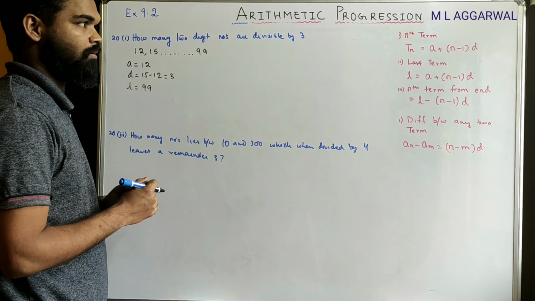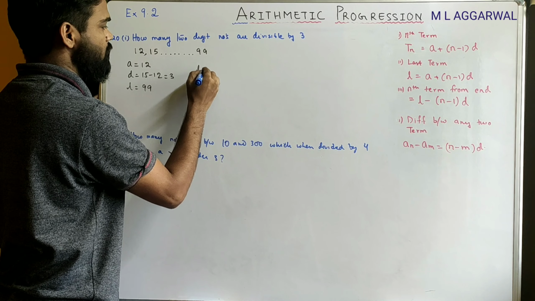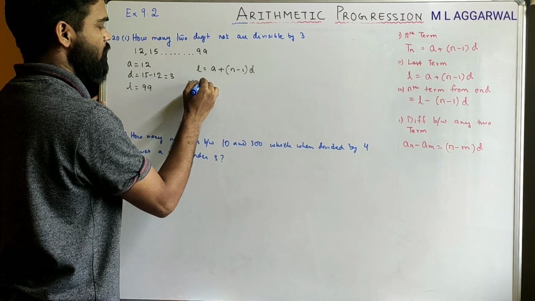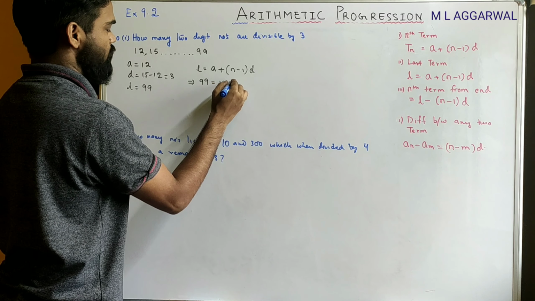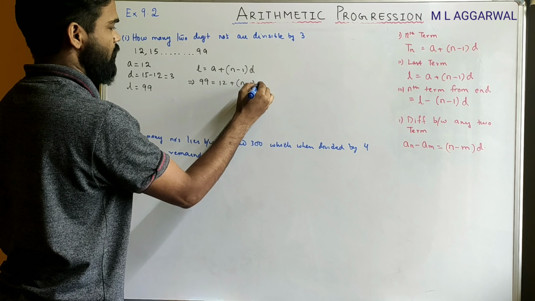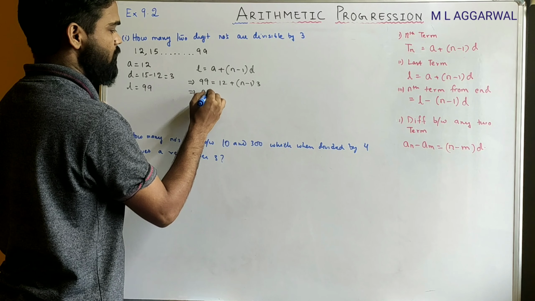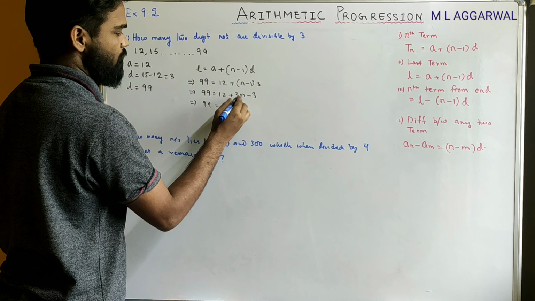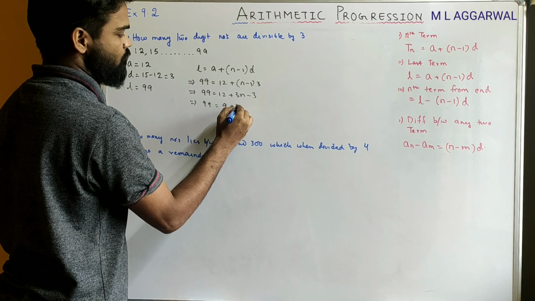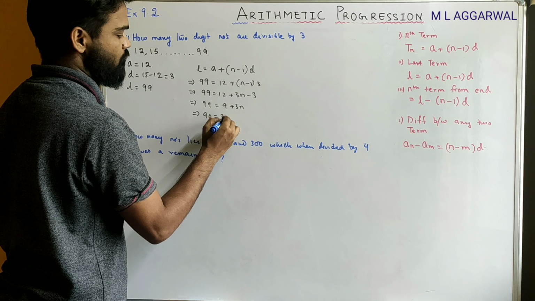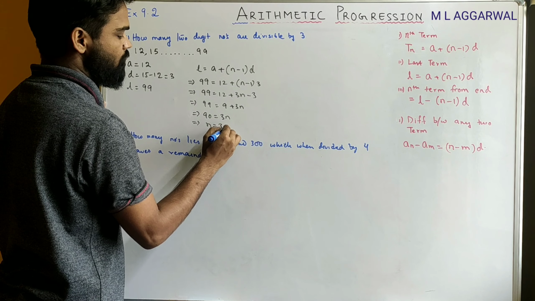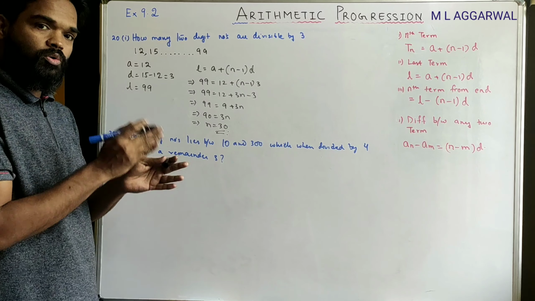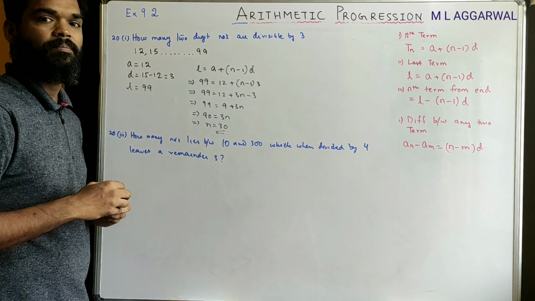How many numbers are there? Your last term is nothing but a plus n minus 1 d. Substitute the value. So 99 equals to 12 plus n minus 1 multiplied by 3. So that's 99 equals to 12 plus 3n minus 3. 99 equals to 9 plus 3n, which means 90 equals to 3n, which means n equals to 30. Am I clear? So there will be 30 two-digit numbers which are actually divisible by 3.